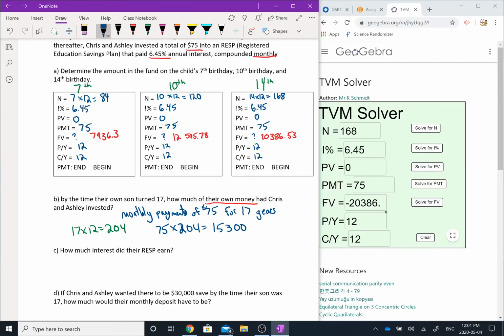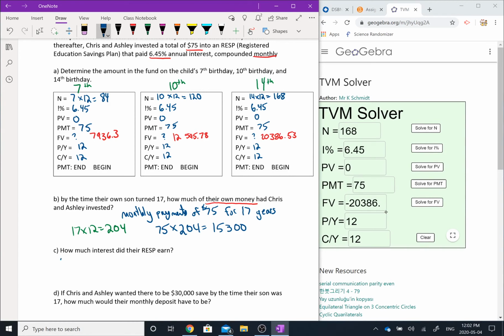So for C, if we want to know how much did their RESP earn, or basically how much was in the actual fund, remember this value here, the 15,300, is not how much the account or the plan actually has. We need to figure out what the final is.